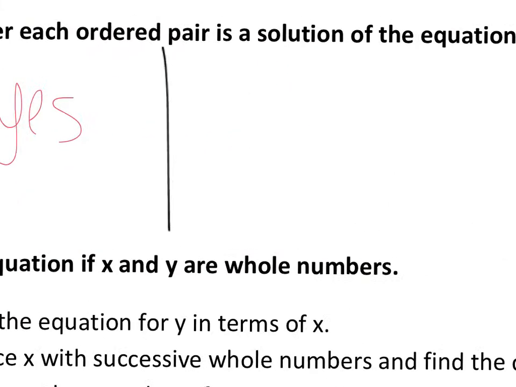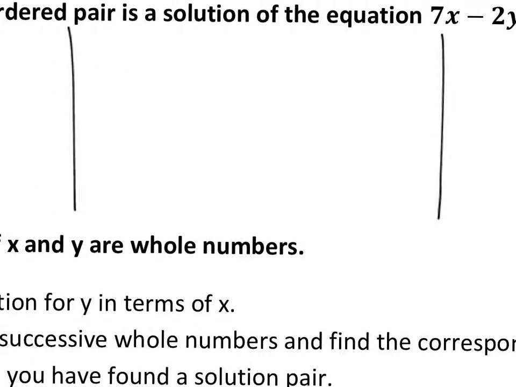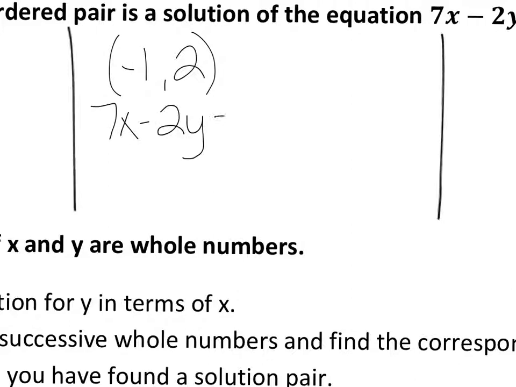Okay? All right. Next one, let's check, is -1, 2 a solution? So remember, we're plugging it into 7x minus 2y equals 0. All right, what am I going to plug in for x? -1. What do I plug in for y? 2.